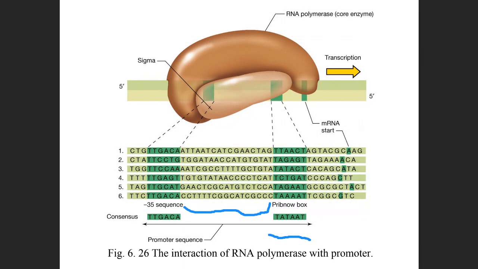You need 2 binding sites to have a stable interaction, and then the RNA polymerase can bind and start the transcription. Any interference between these binding sites and sigma factor can prevent, weaken, or simply shut off the interaction.